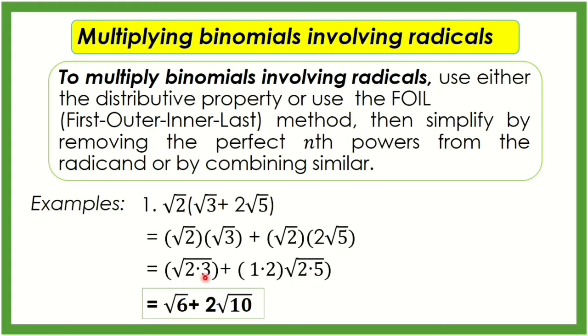Square root of 2 times 3 is square root of 6. 1 times 2 is 2, and square root of 2 times 5 is square root of 10. Square root of 6 at saka square root of 10 ay magkaiba, kaya hindi natin sila pwedeng pag-combinein. This is now our final answer.